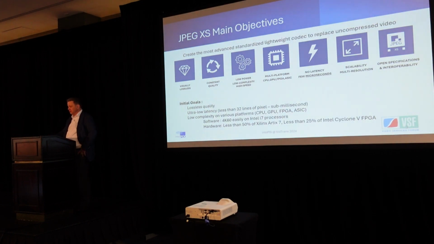So the main objectives of the standard when it was created: one, of course, was visually lossless, constant quality, so constant bit rate, making it low power, low complexity. And I think the other key thing that really drove it is trying to get it across platforms. That was one of the struggles previously: could you really do it in software? Could you do it on CPU, GPU, ASIC, and FPGA? The goal is no latency.